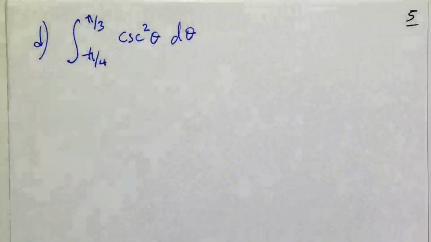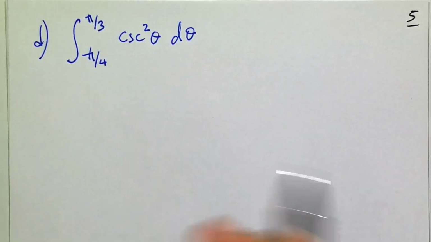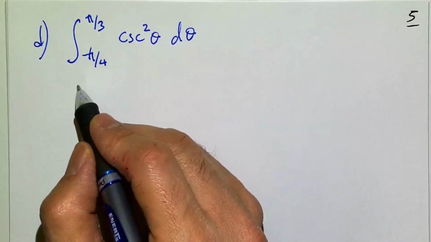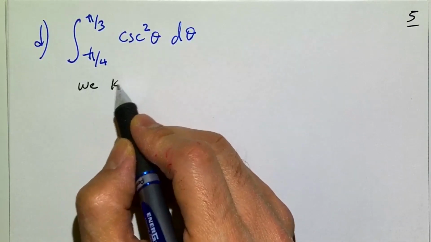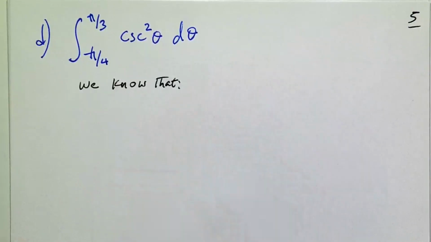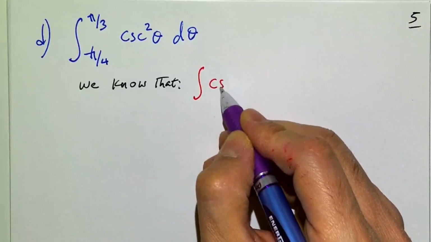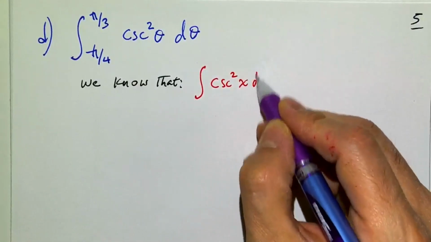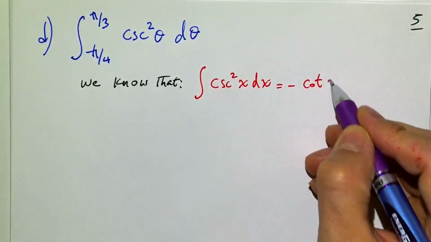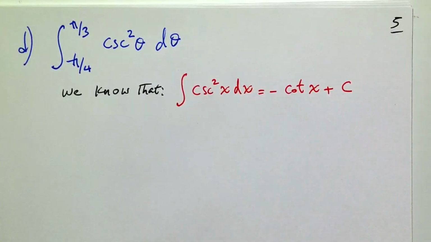Okay, so let's recall, and again, I'm hoping that you've already solved this and you're back to the video to see what I've done. So we know that the integral of cosecant squared x dx is equal to minus cotangent of x plus c, for the indefinite integral.